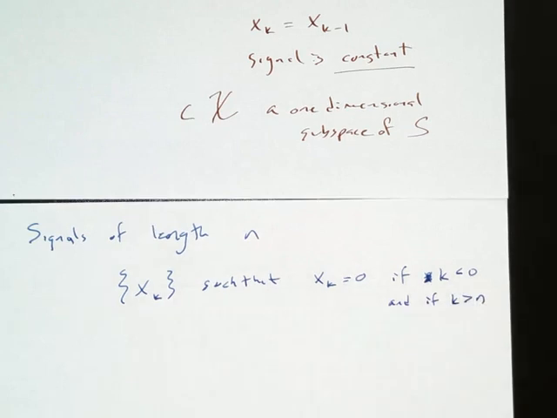So they only have the potential for non-zero numbers from x_0 to x_n.